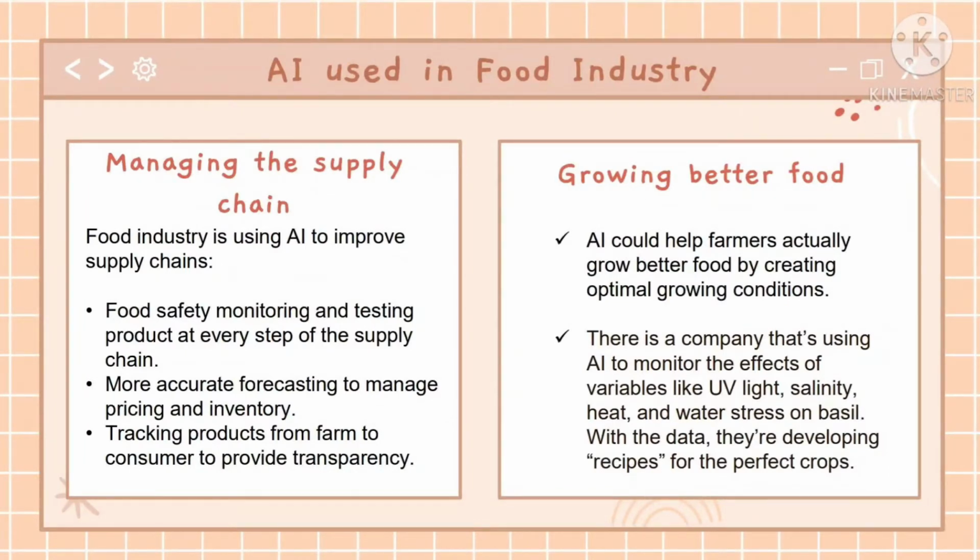For example, AI could help farmers actually grow better food by creating optimal growing conditions. There is a company using AI to monitor the effect of variables like UV light, salinity, heat, and water stress on basil. With the data, they are developing their recipe for the perfect crops.